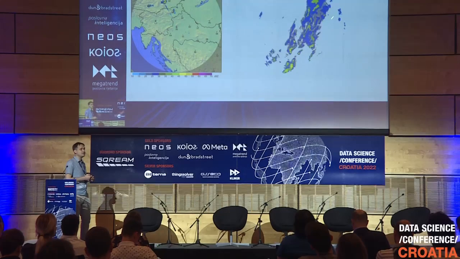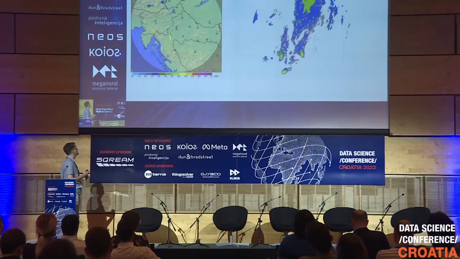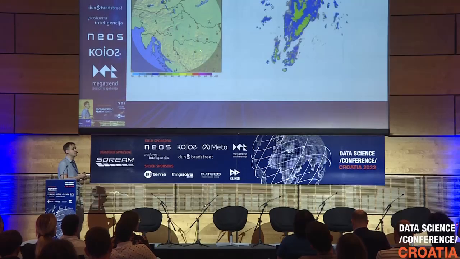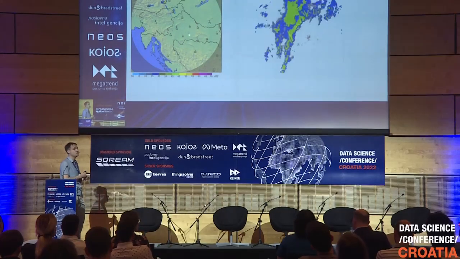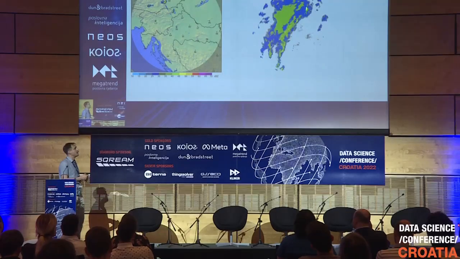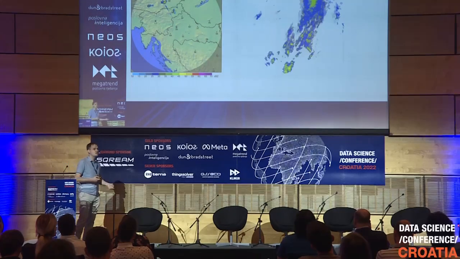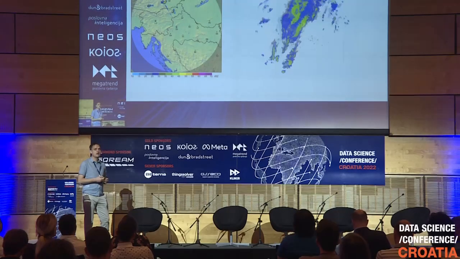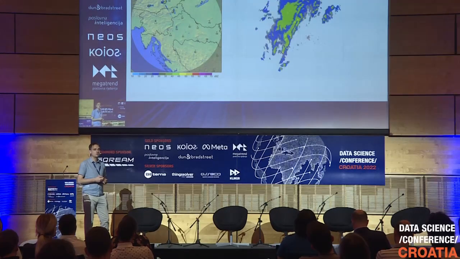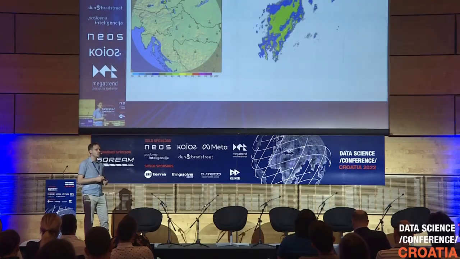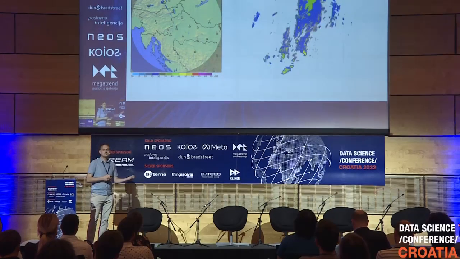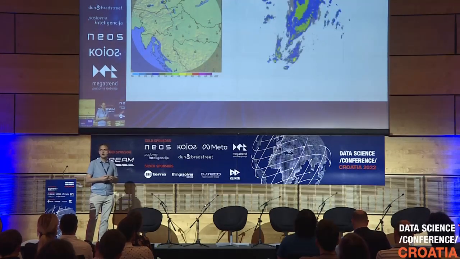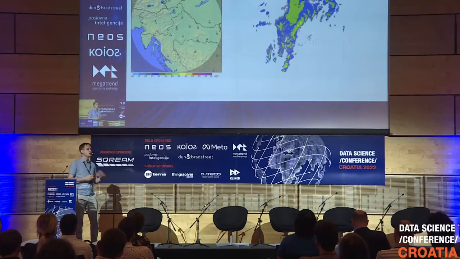We have a series of maps like this, so you have radar images and you have a series of them. And then we have it across time, and what you're interested in is you want to see whether there will be rain like in half an hour from now, or maybe an hour from now. So it's called nowcasting, because you're interested in something that's rather close to now.